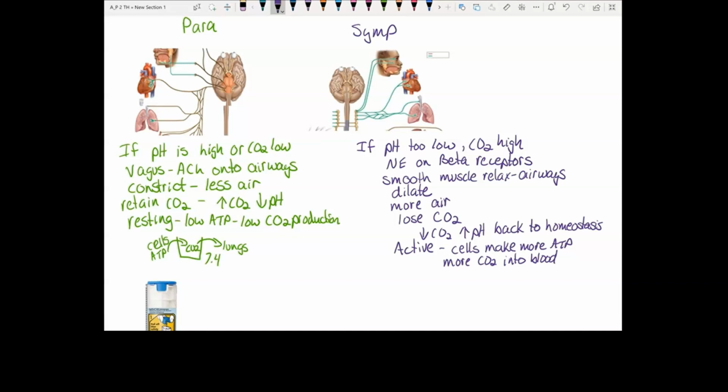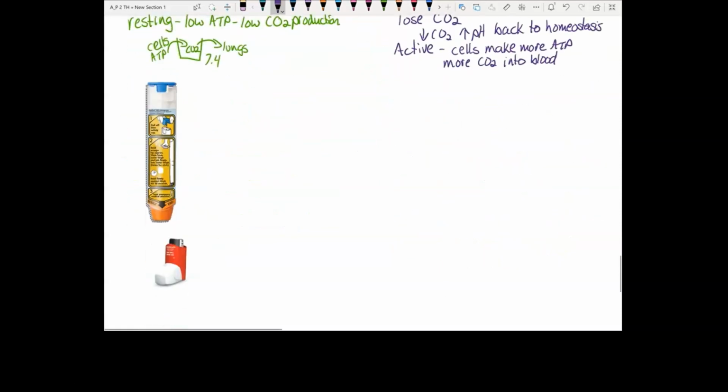Okay, then just like when we talked about the heart and blood pressure, there are drugs that manipulate your receptors. We have that here with your respiratory system. So the first one here is an EpiPen.